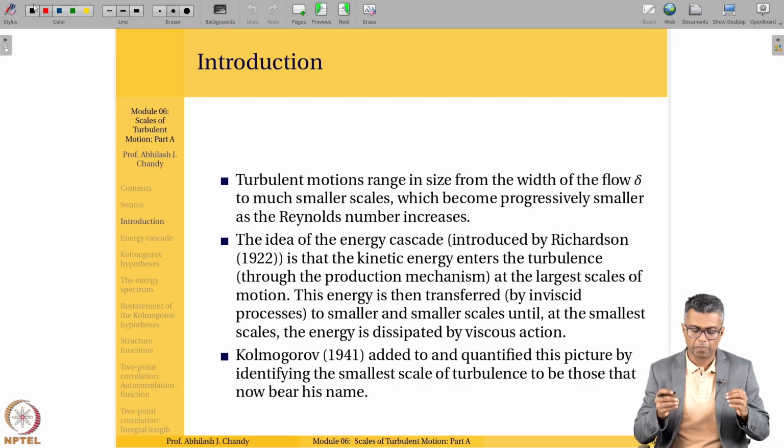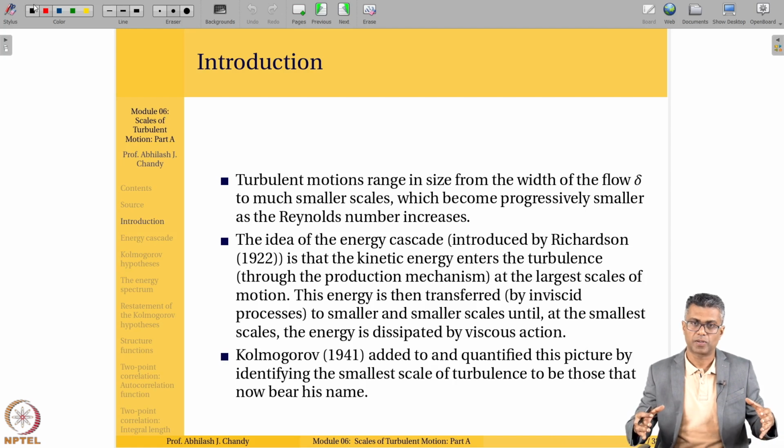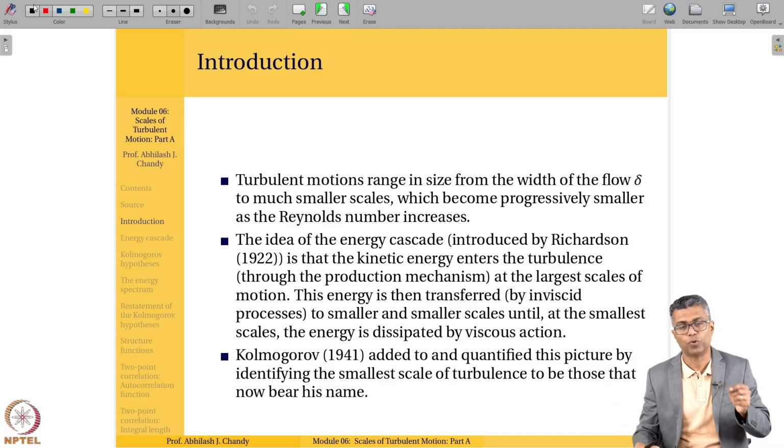So one of the main characteristics that differentiates turbulent flow and laminar flow is this range of length scales, isn't it? So in turbulent flow, you have a wide range of length scales, multiple. It's not 1, 2, 3, it's multiple length scales. Whereas in laminar flow, you have just one characteristic length scale. So when I say one characteristic length scale, it's important to understand what that means.